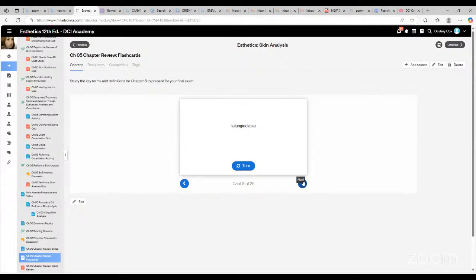Okay. Usually I put this in a pronunciation, but you guys can do it. It's telangiectasia, and I have messed that all the way up. Whenever I see that, I think about blood vessels. So think about broken capillaries, okay?